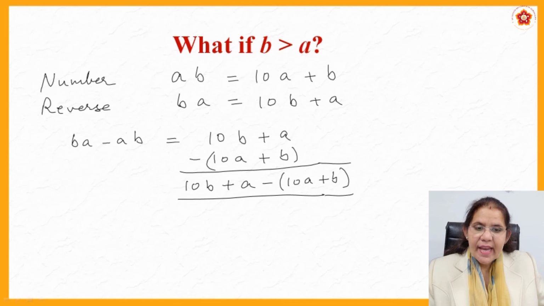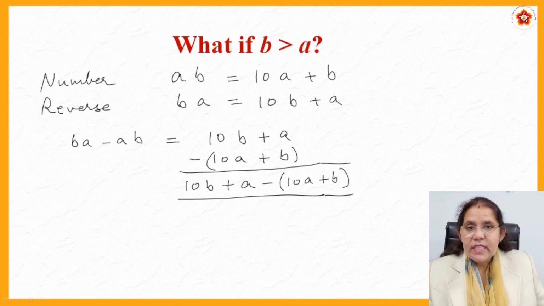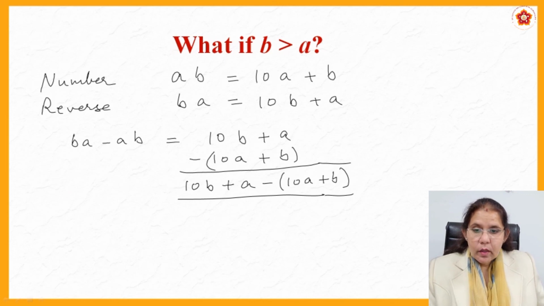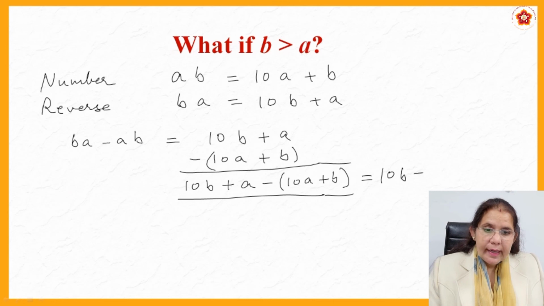Why have I put the bracket? Because we are subtracting the whole second number from the first one. So this will be equal to 10B plus A minus 10A minus B.